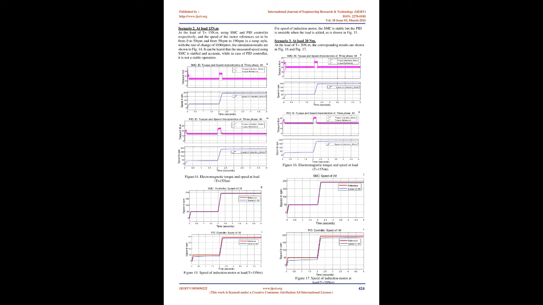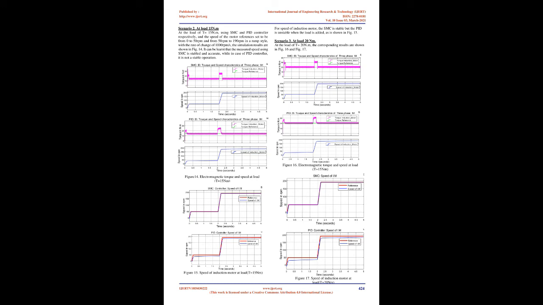Fig 12 shows that the electromagnetic torque in N.m for the PID controller has unacceptable ripple torque and overshoots in torque. While for SMC, the ripple torque is minimized to an acceptable value, and the overshoots of torque are also reduced. By using SMC and PID controllers, the speed of the induction motor at no load is shown in Fig 13.